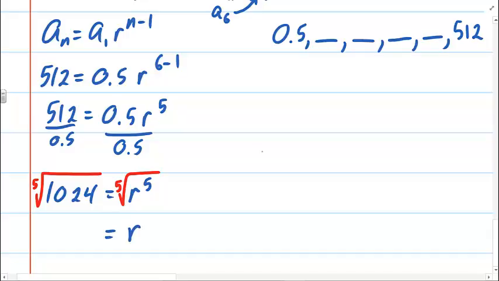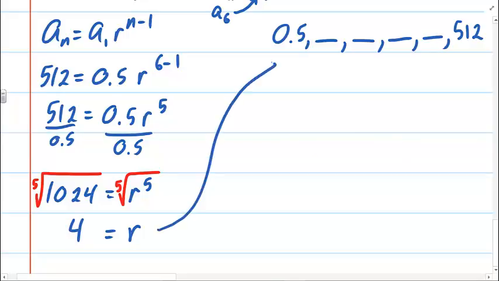It'll be r equals, I'll write it over here to the right, 1024 raised to the 1/5 power. If you type that into your calculator, you hit enter, you will get the answer of 4. So that just means my r is 4.